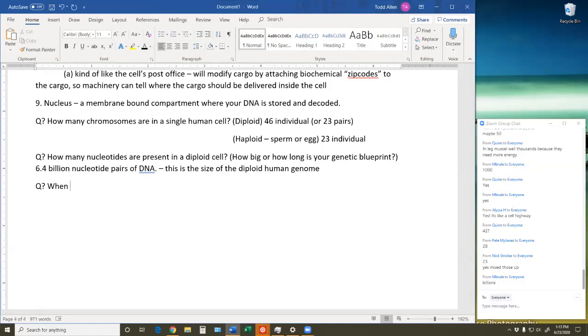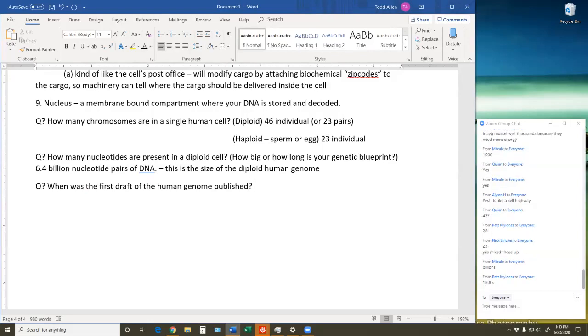Okay. When was the first draft of the human genome published? Do you know? When was the first draft of the human genome published? No, not the 1800s.